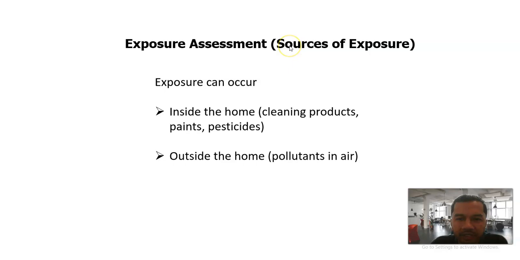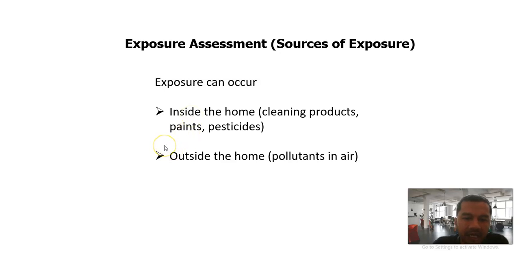And for the sources of exposure, the exposure can occur either indoors, for example inside the home, when we have cleaning products, paints or pesticides inside the home, and how they are exposed to the humans.